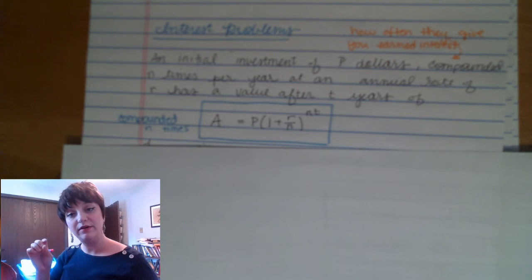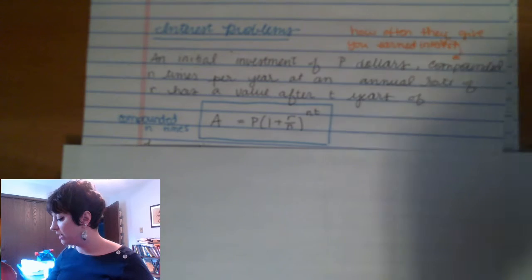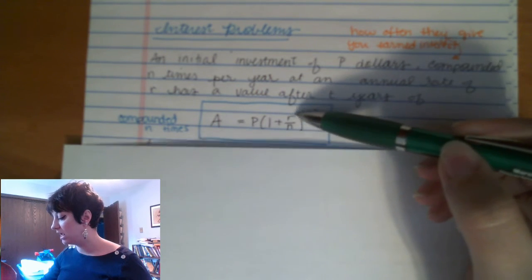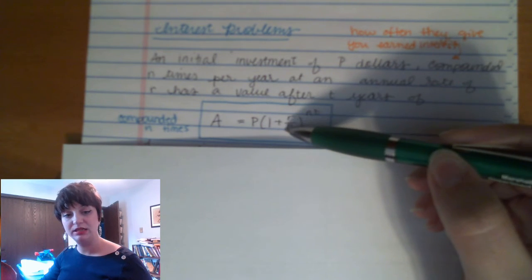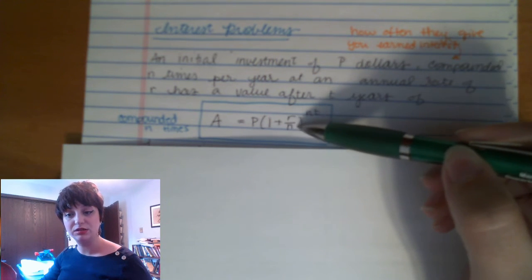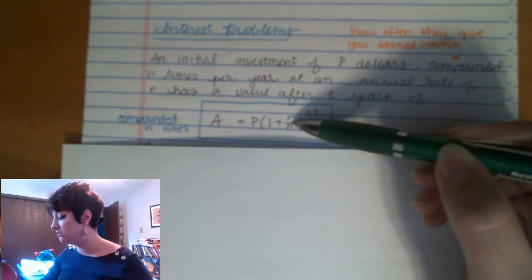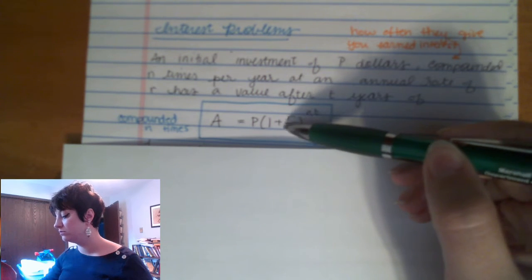So now instead of having $500 that they're giving you interest on, you actually have $500.83 that they give you interest on. So that's what this R over N does. It takes the yearly rate and divides it by how many times they're going to give you interest. It's kind of like instead of just one time per year, they divide 1 year up into, say, 12 mini years.